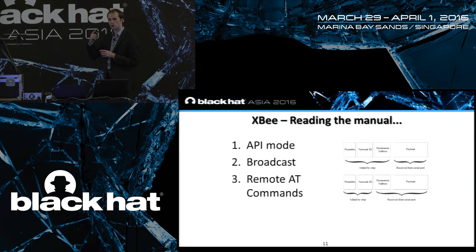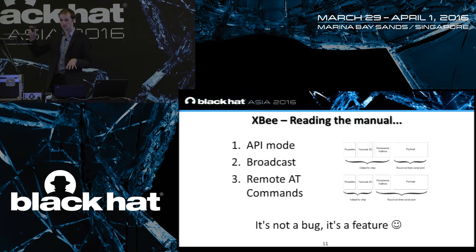With the previously recorded sender's addresses from the acknowledgements, you can then forward the communication between the two participants in the network, and you have effectively mounted a man-in-the-middle attack. That is essentially not a bug, it's a feature of the system, because those chips are used in mesh networks.